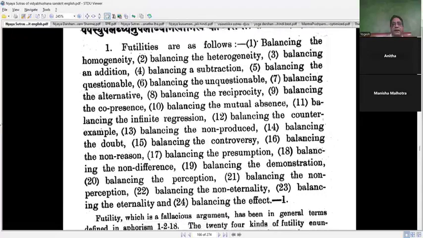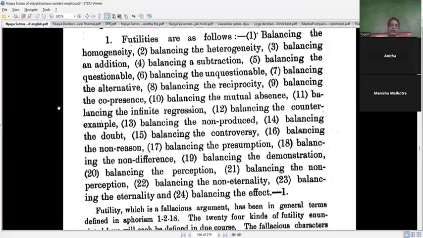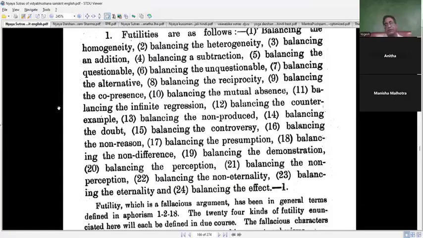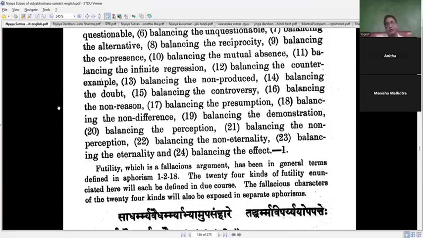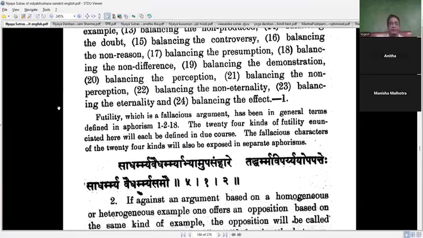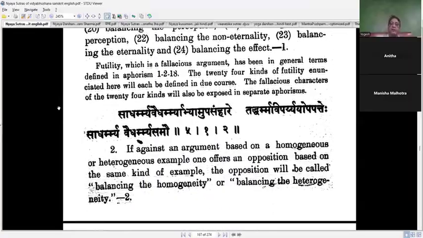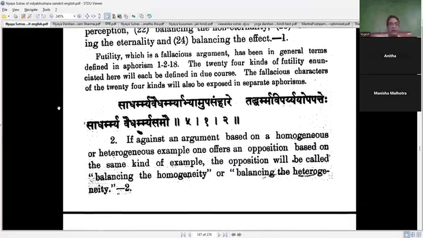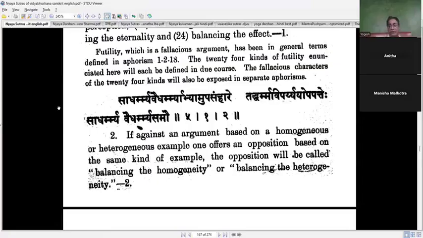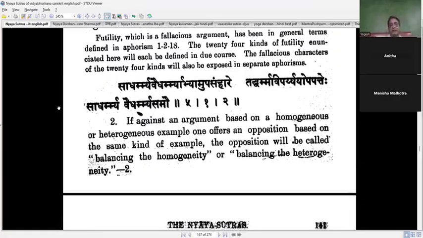Then Karya. Karya is the effect. So whenever there is Karan and Karya, cause and effect, when we are talking about the effect of something, then we are looking at that. Okay, so now we will enter the first. I will try and do at least this one. Of course, this is a bit long because this is the first example and it has four different categories.